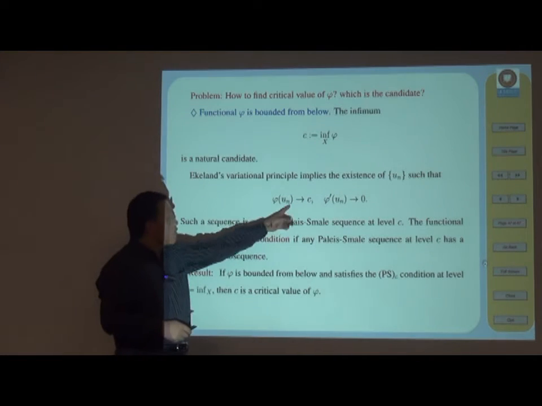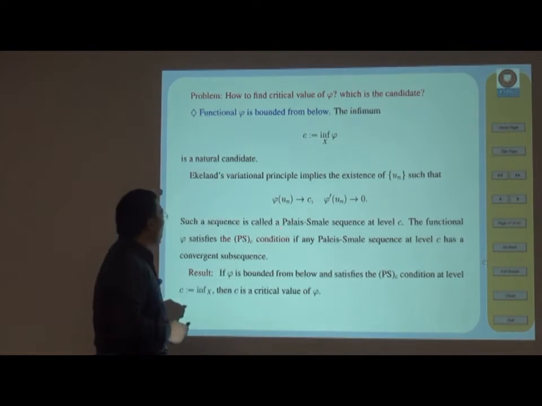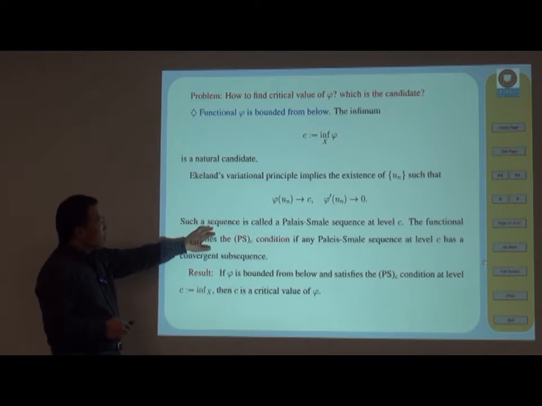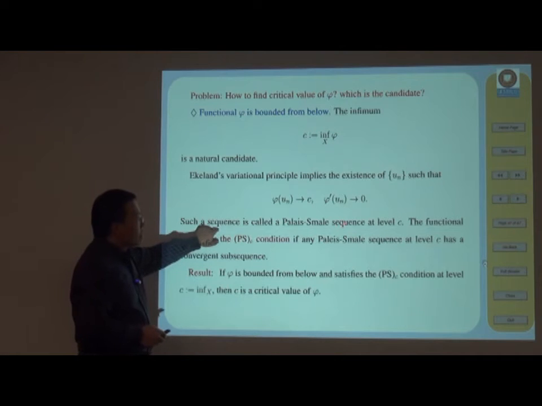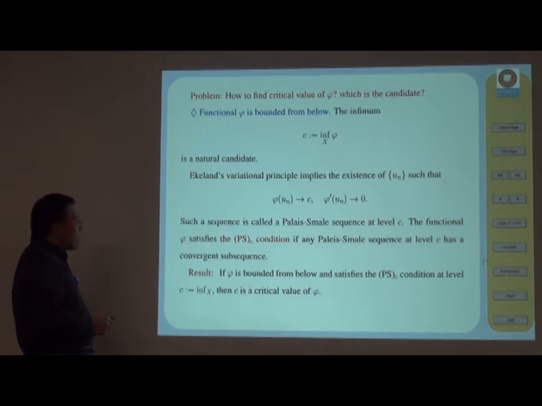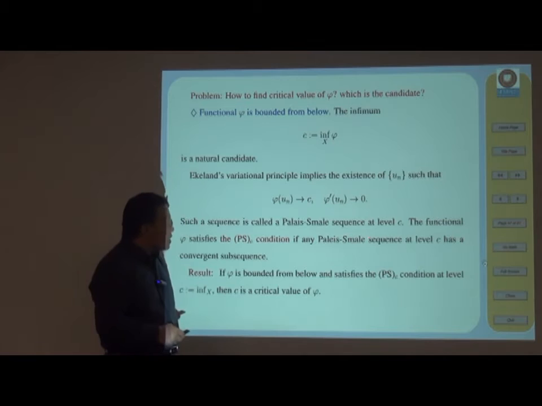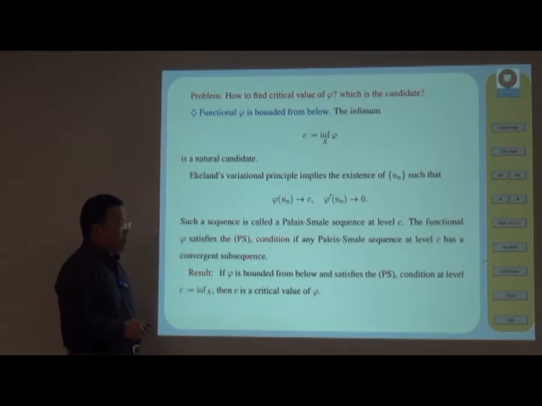If u_n satisfies this condition, we call u_n a PS sequence at level C. The function phi satisfies the so-called PS_C condition if any PS sequence at level C has a convergent subsequence. And this is the PS condition.